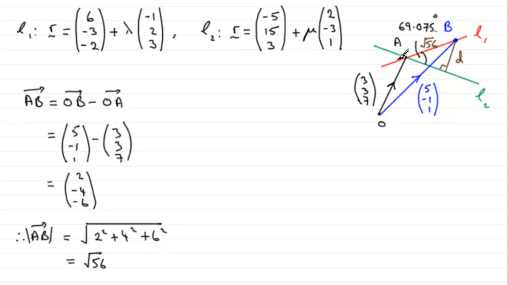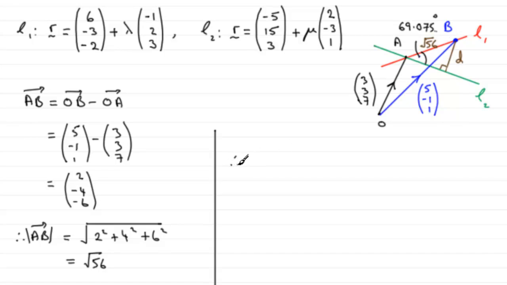So what we've got now is the hypotenuse of our triangle, and we want the opposite side. So we can see then that this must be the sine. The sine of this angle equals the opposite side, D, over the hypotenuse, root 56.